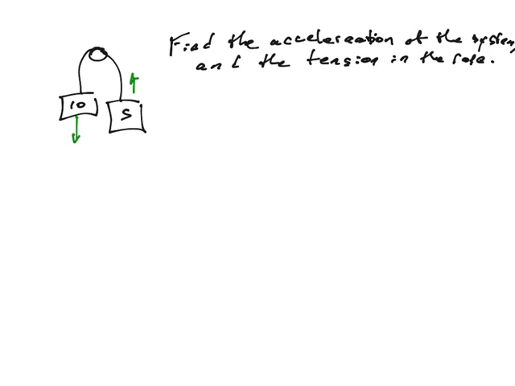And I'd like to know, how do they accelerate? Obviously one will accelerate down and the other will accelerate up, but the actual number for the acceleration will be the same for both because they move at the same time. The other thing I want to know is what's the tension in the rope? The last video we discussed said tension just means how much force runs through my rope.